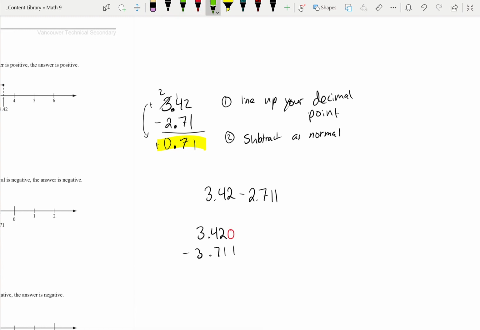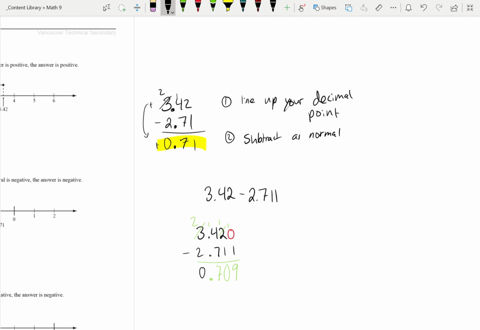So from here, then I have to carry the 1 over. I get 9 because it's 0 minus 1, so I have to bring the 1 over. 1 minus 1 gives me 0. 4 minus 7, oh, I need to carry this over. And then 14 minus 7 gives me 7. Decimal point carries down, and then 3, sorry, that should be 2. 2 minus 2, 0.